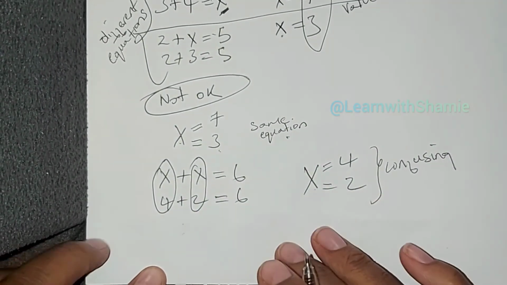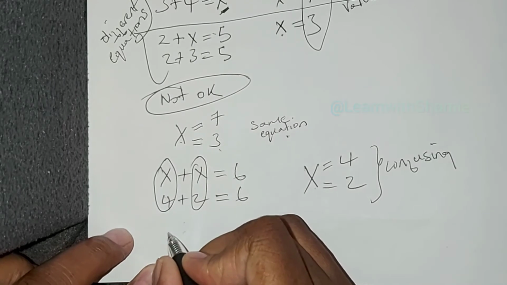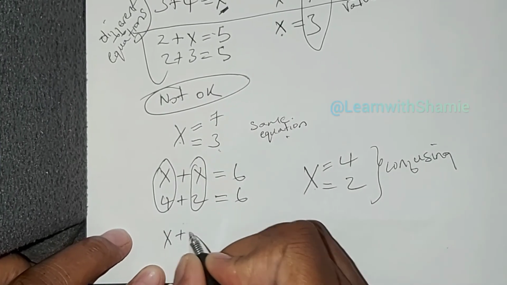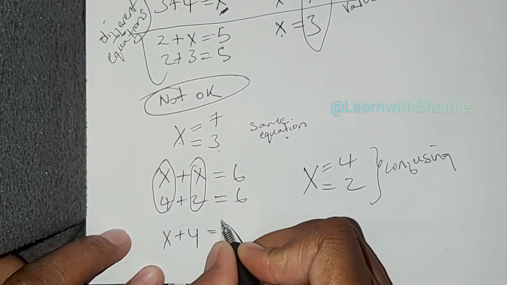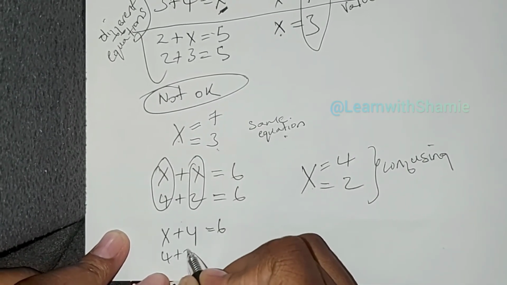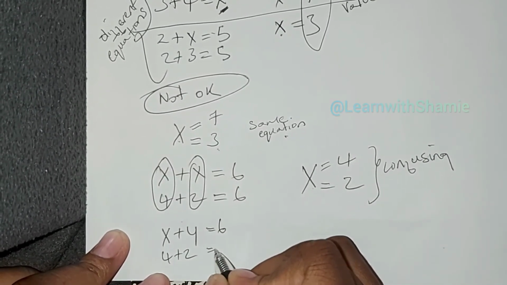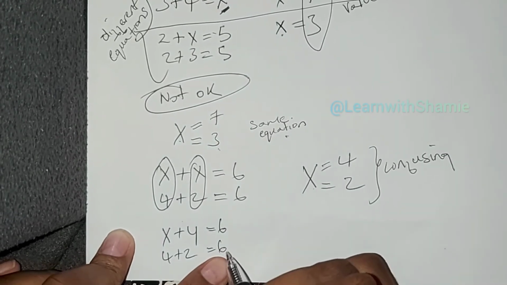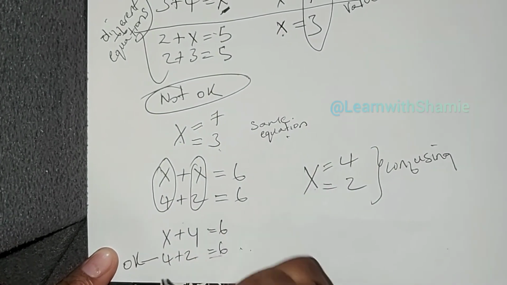If there were two different symbols in the equation, for example, x plus y equals 6, then 4 plus 2 equals 6 would be okay.